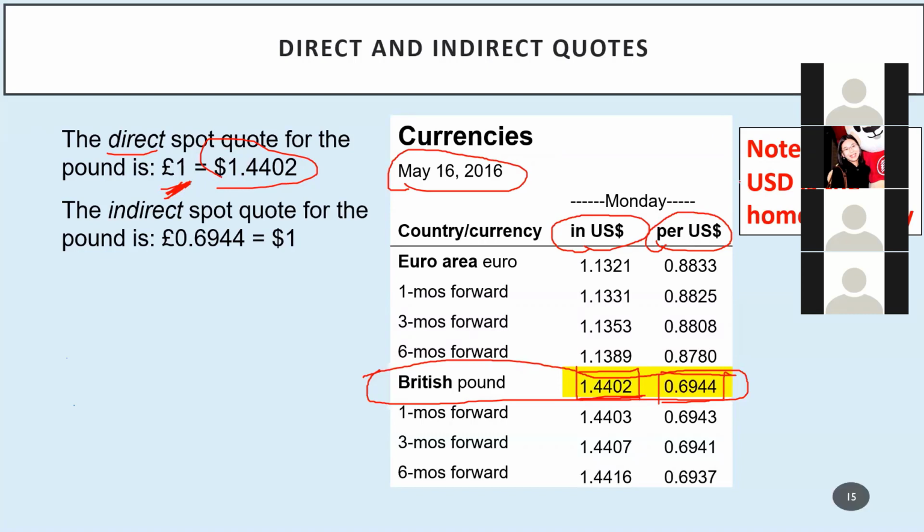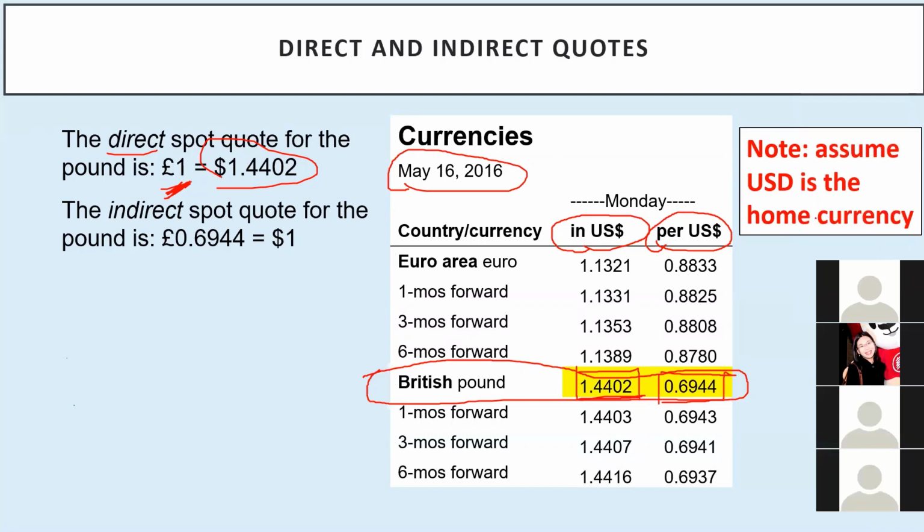Note that the USD is assumed to be the home currency. The indirect quotation is the price of our home currency in terms of the foreign currency, yeah? So this is saying that each US dollar is worth about 69 cents of the pounds, right?